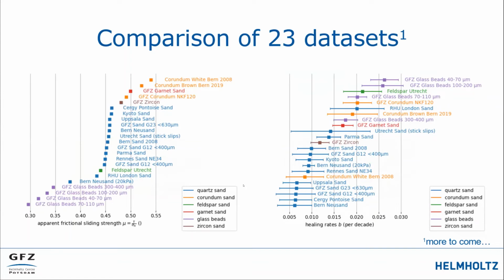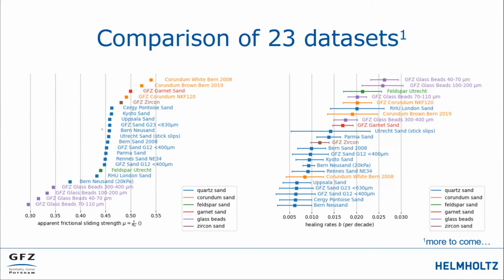And plotting all materials together, we see that similar materials are similar in healing, not always, but roughly. So the glass beads from the GFZ down here in purple, they are similar in their frictional sliding, and they are also similar in their healing. Lower grain sizes apparently have a higher healing rate.